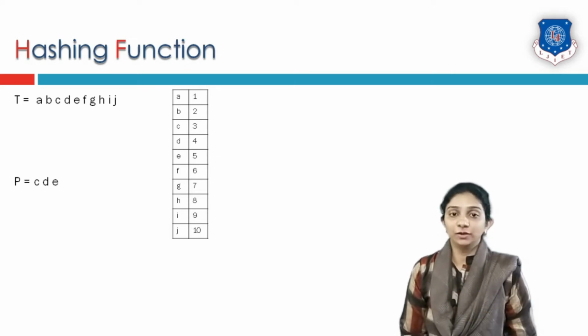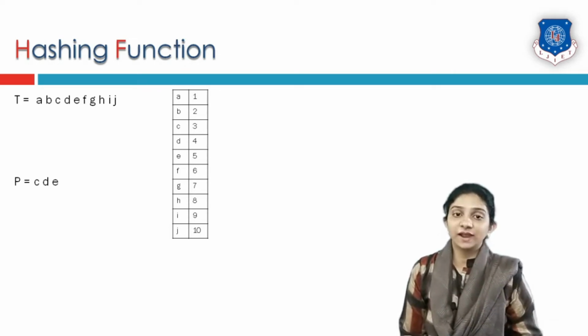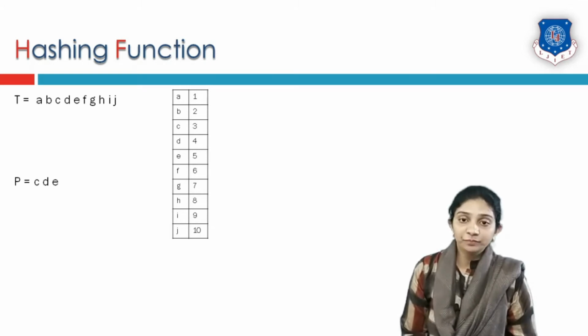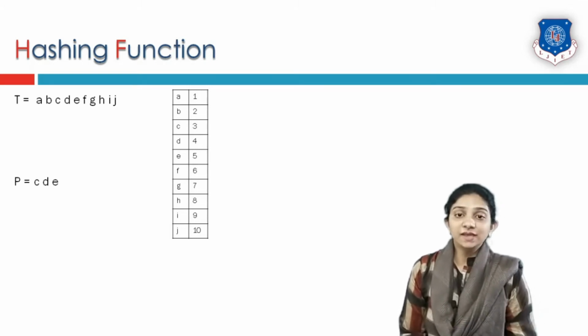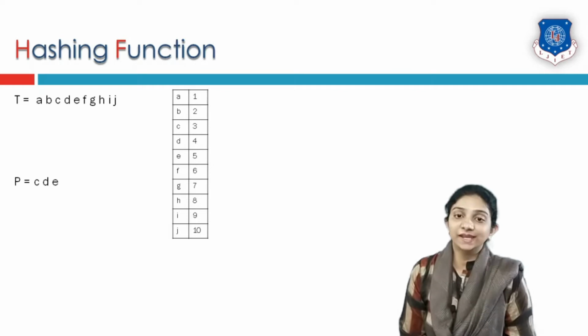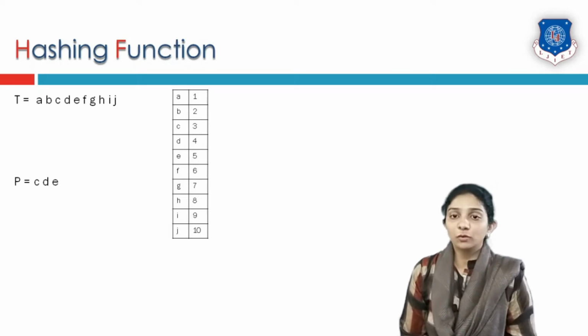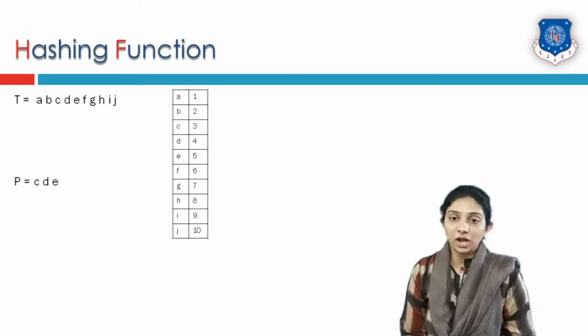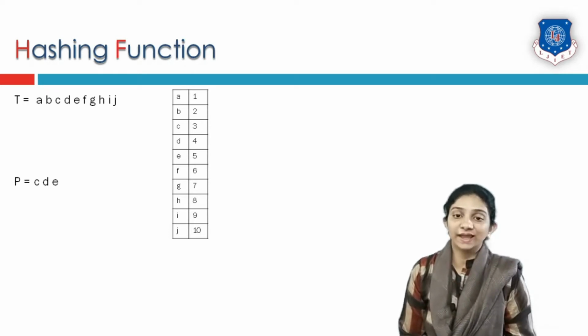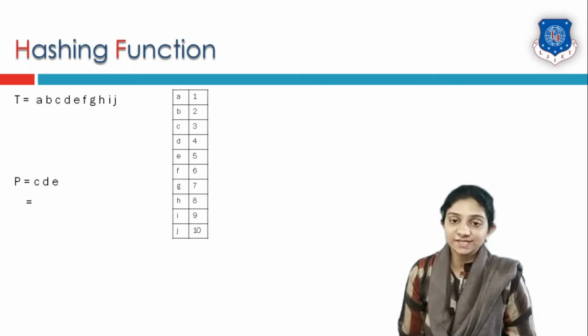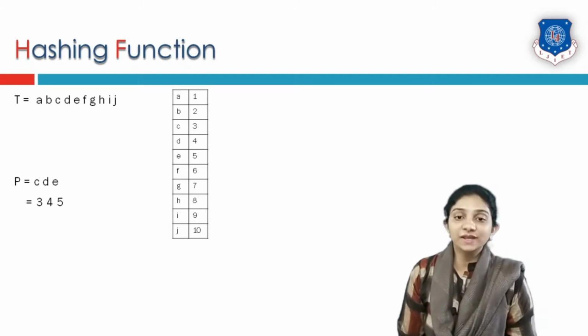I can assign code for each character as its ASCII value, but for easy calculation, I am assigning my own numerical code. Let us assume code for symbol A is 1, for B it is 2, likewise up to J symbol is 10. Any symbol is represented by its equivalent code.